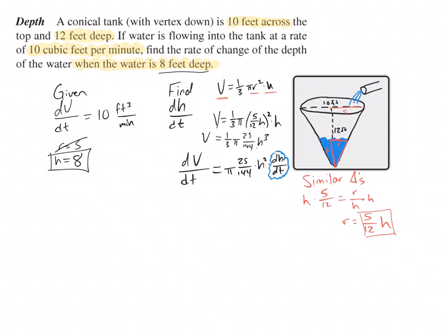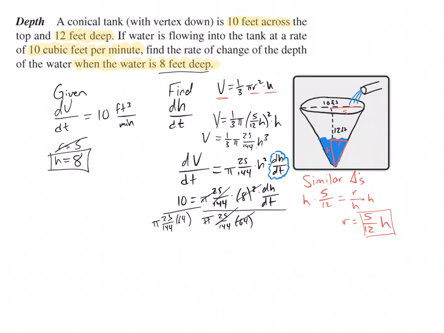So let's do a little substitution. So we've got 10 equals pi times 25 over 144 times 8 squared times dH/dt. And so from there, we're going to divide both sides by whatever that decimal approximation is, which allows us to cancel all that.